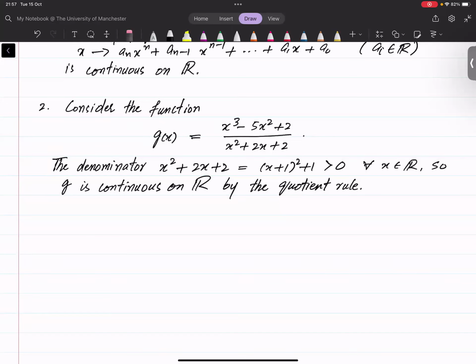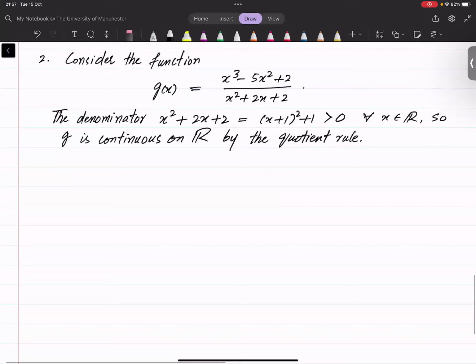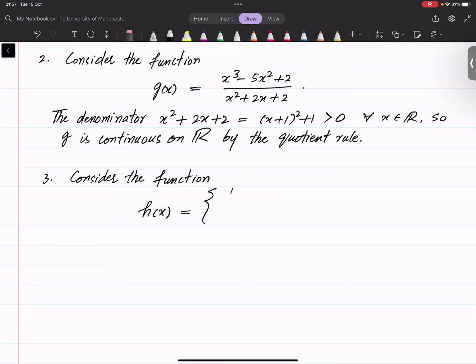Perfect. Now let's take number 3 and consider the function h of x, which is 1 over x if x is not 0, and 0 if x is 0.